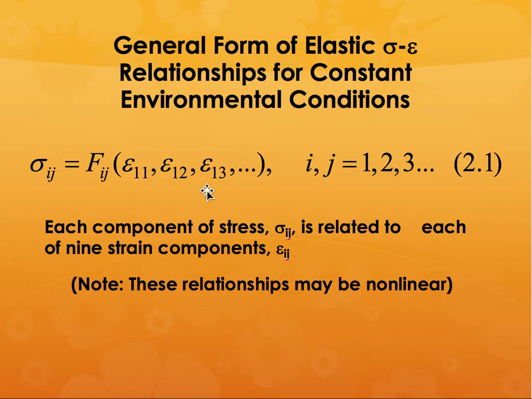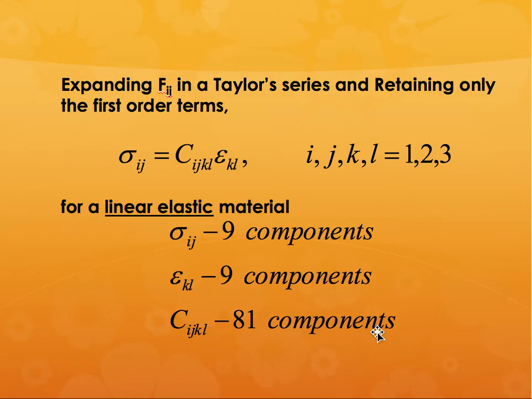What you need to understand is that the stresses can be represented in terms of a matrix multiplied by the individual strains. Each component of stress has 9 strain components. And these relationships may not be linear at all, or non-linear.